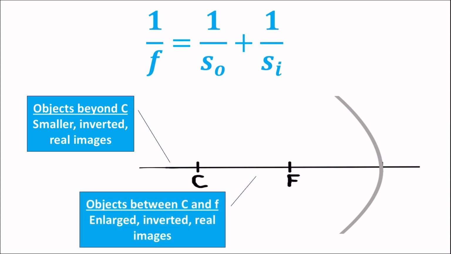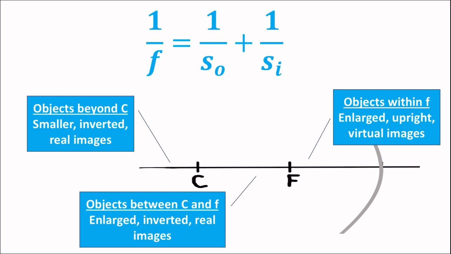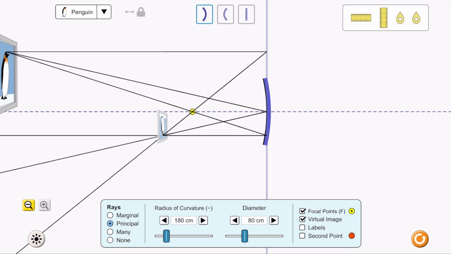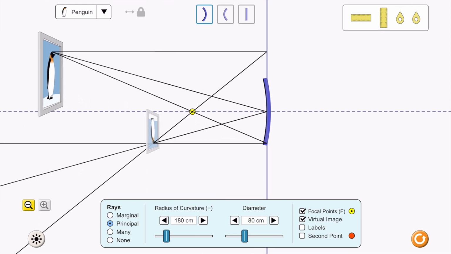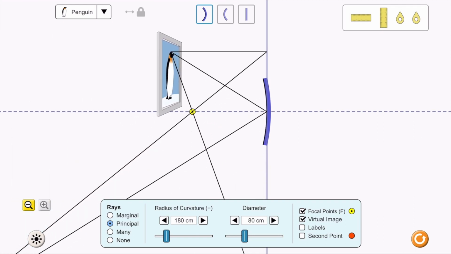Between the center and focus, the image is going to become enlarged. However, it's still inverted, and it's still a real image. Between the focal length and the mirror itself, the image will still be enlarged, but in this case, it'll be an upright image, which means that it's virtual. And this shows how changing the object distance for a concave mirror affects the size of the image.